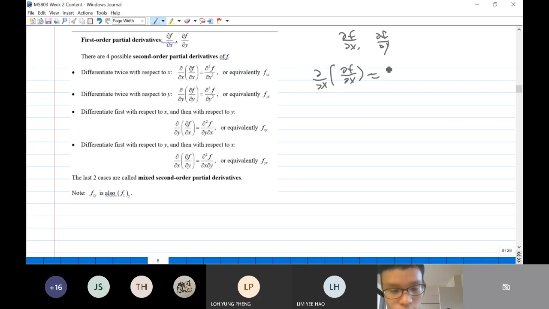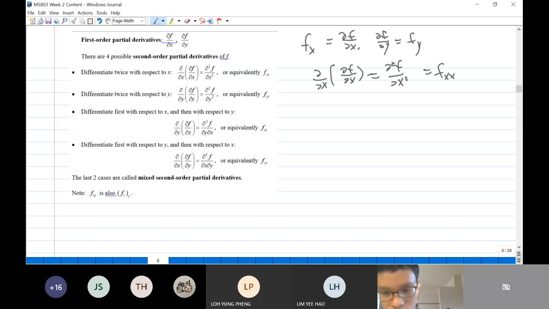The notation is differentiate f with respect to x 2 times, just like the normal way you write differentiation. We also call this f xx. Normally, for example, this one I also call fy, and this is called fx. This is the usual notation for partial differentiation.